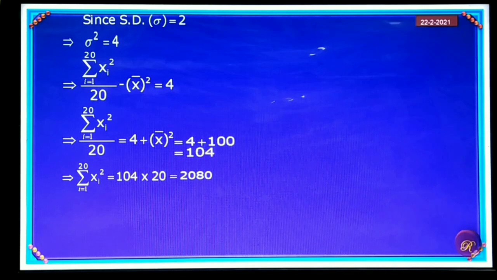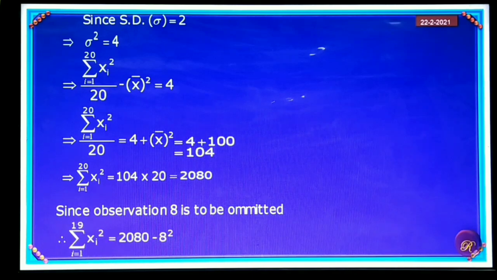Since observation 8 is omitted, so we will get a sum of squares of 19 observations, that is 2080 minus 8 square, is equal to 2080 minus 64 is equal to 2016.